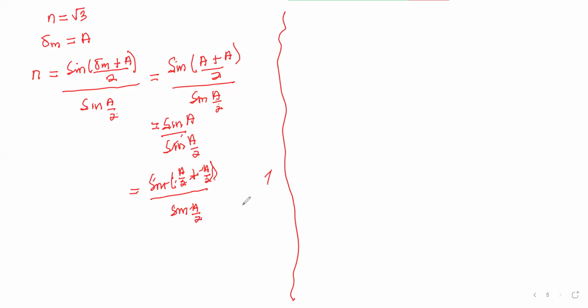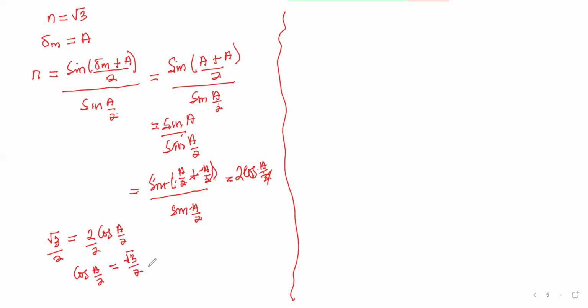When we expand, the whole expression will be equal to 2 cos A over 2, just as we had. Therefore, the refractive index, which is root 3, would be equal to 2 cos of A on 2. When we divide through by 2, we have cos of A on 2, giving us root of 3 on 2.